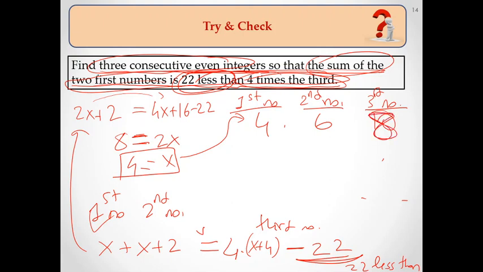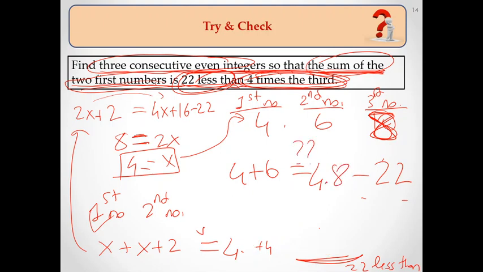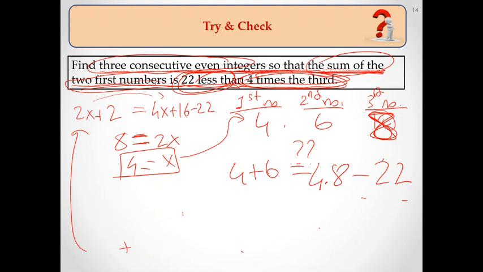No, it's 8, sorry. So is the sum of the first two numbers, 4 + 6, equal to 22 less than 4 times the third, 4 times 8? Is it true? So we check it now. This becomes 10 is equal to 32 minus 22, and 10 is equal to 10.